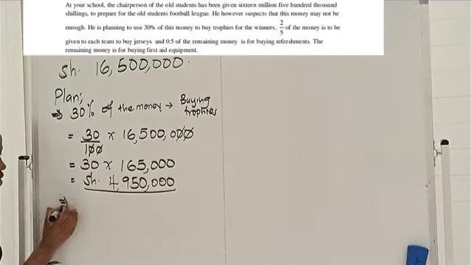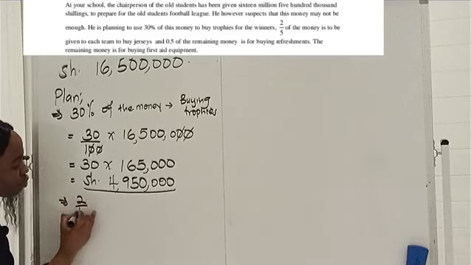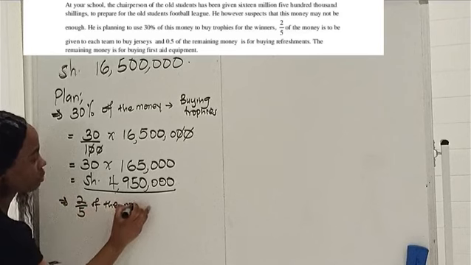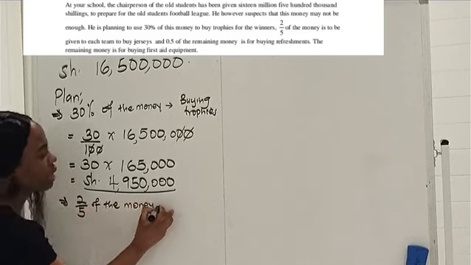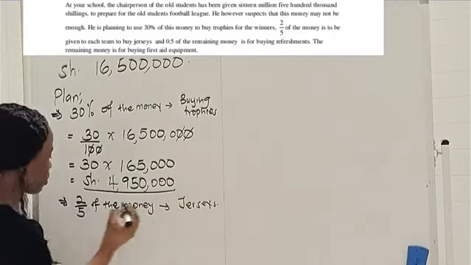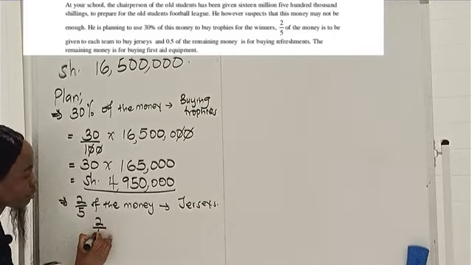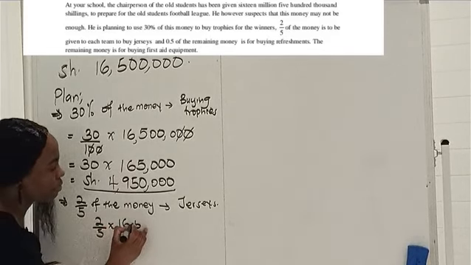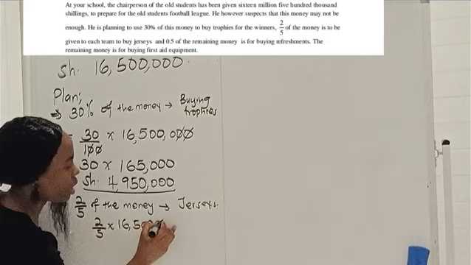Then we also have 2 out of 5 of the money, which will go to buying jerseys. So this is going to be 2 out of 5 times the 16,500,000.